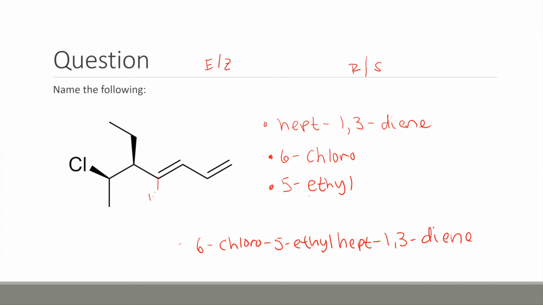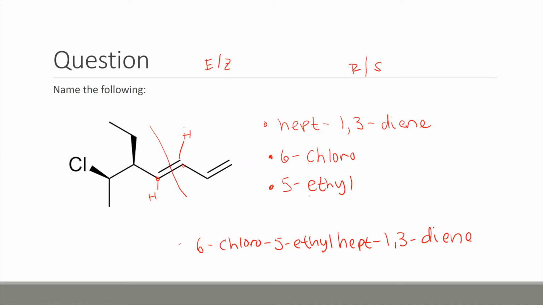Let's look at the other double bond. I'm going to draw my hydrogens in to see where they are. Okay, so this does have a configuration in which we have different groups attached to each carbon. Great. So let's assign its E or Z. I'm going to split it in half.